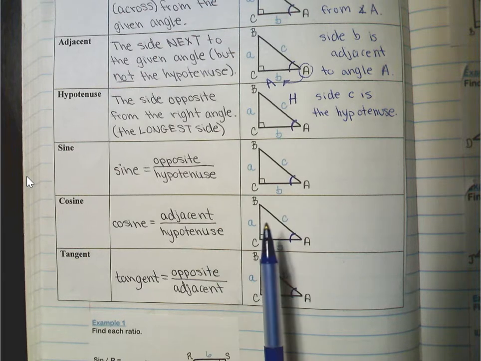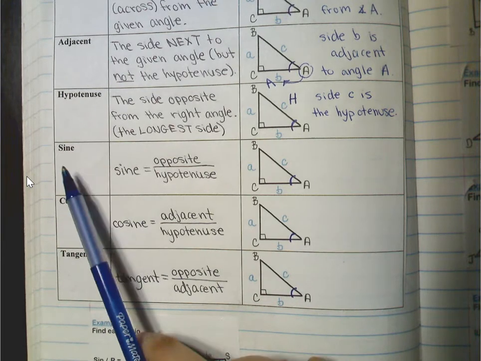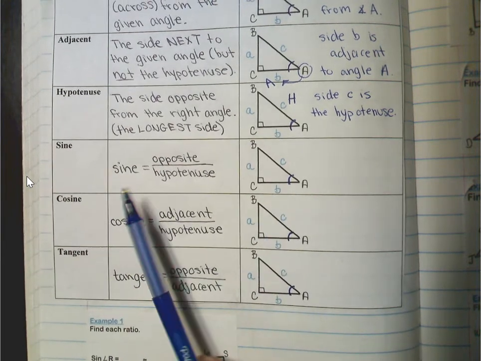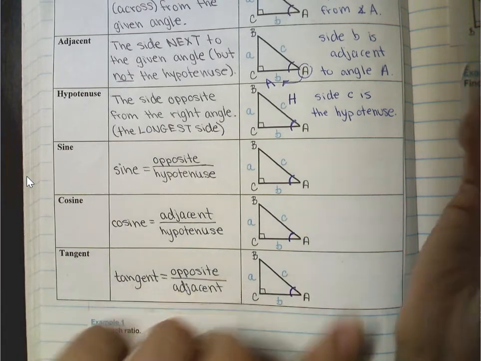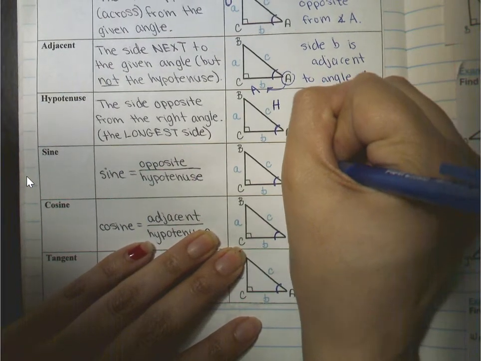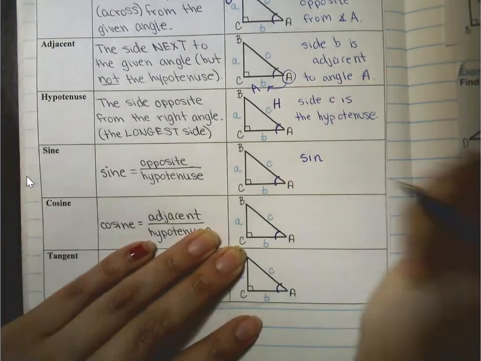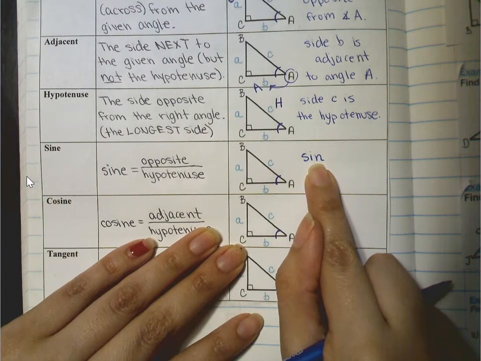So for this part of the notes, I'm just going to set up a ratio, which is a fraction, to show what the sine of this triangle is. They're asking me for sine of angle A. To abbreviate sine, we use SIN. It's not "sin," you pronounce it sine.